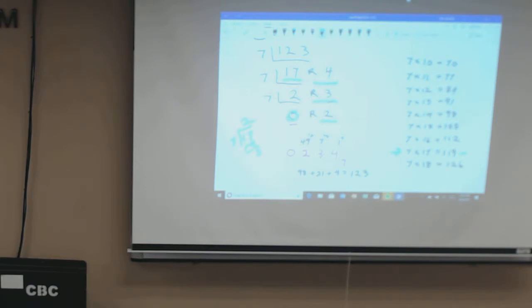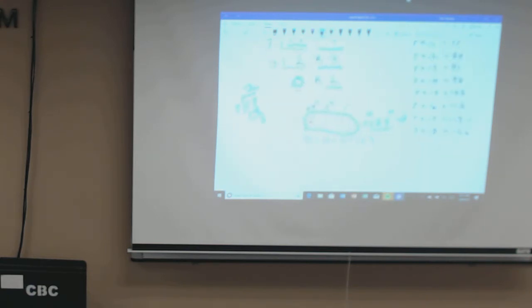So what's my answer? 0, 2, 3, 4, which is the same as 2, 3, 4 in the base 7. Isn't that cool? 2, 3, 4 in the base 7 equals 123. See what happens when you put them right next to each other? It just really hurts your head to see them right next to each other. But that's what's going on.